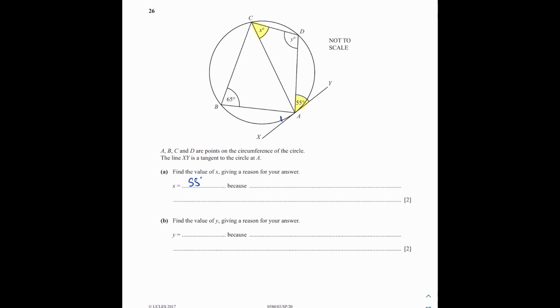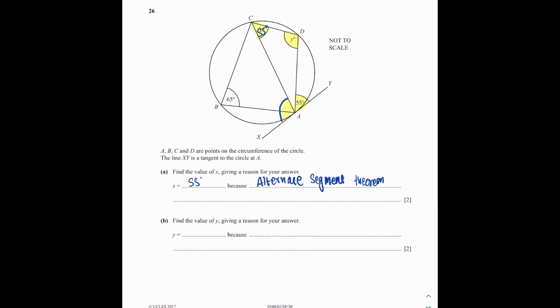And basically your Y is just going to be this angle, this bad boy right here, equal to this bad boy right here. That's going to be your Y. This is the alternate segment theorem. And yeah, so this is 55 degrees.